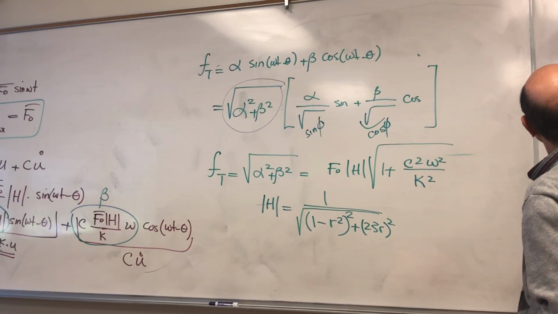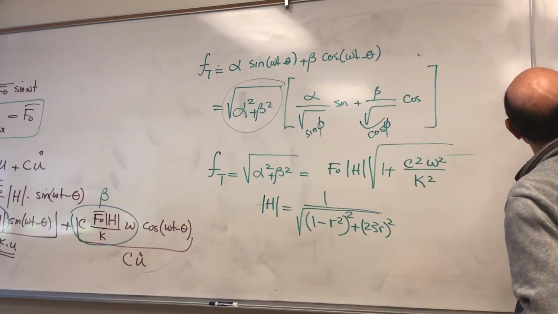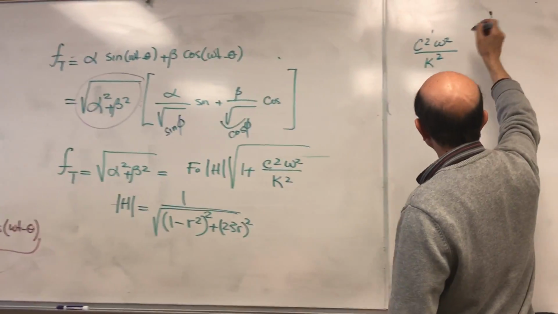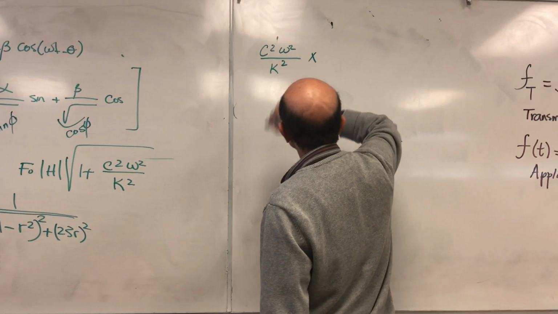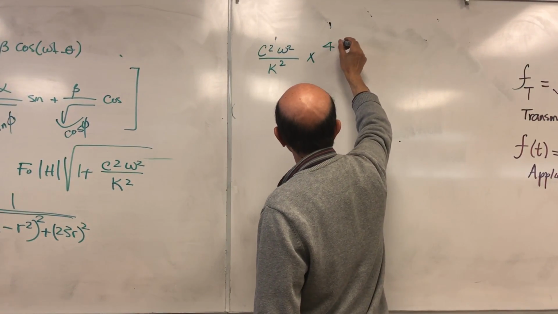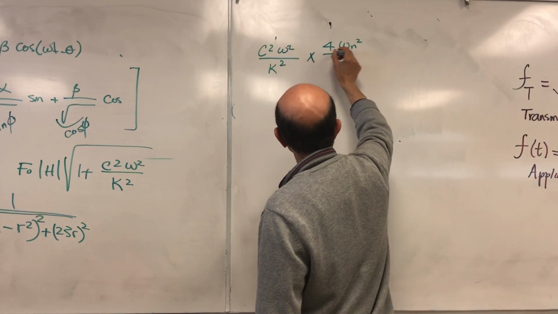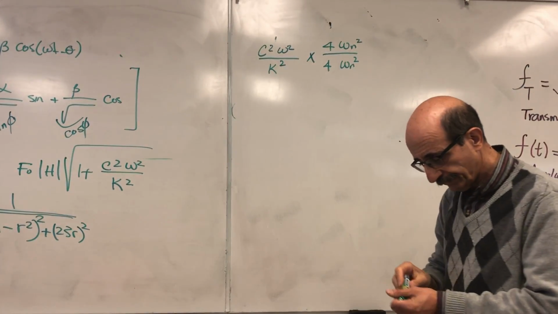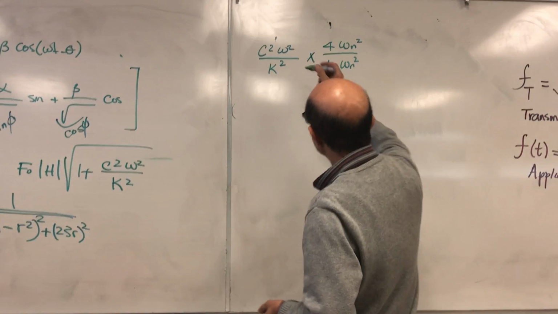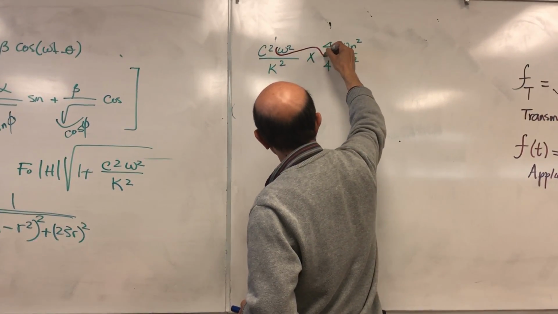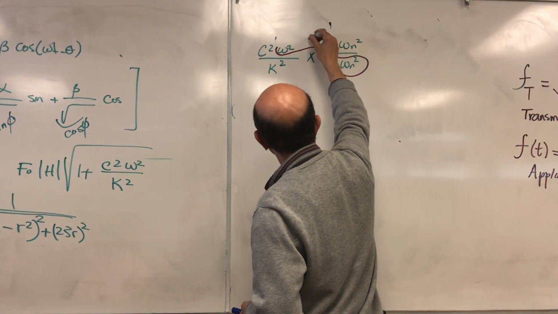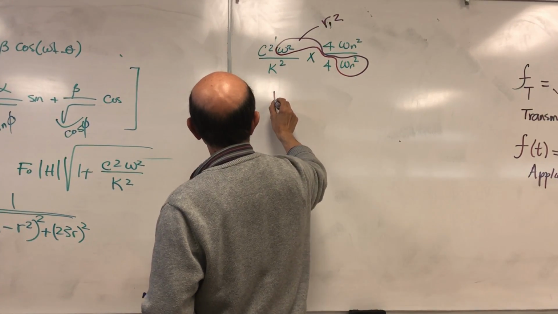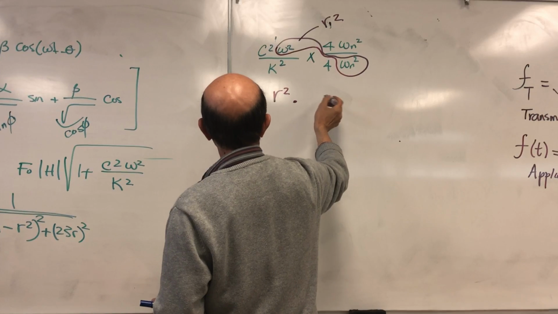But what is c squared omega squared over k squared? Like before, I'm going to multiply this by 4 omega n squared divided by 4 omega n squared. Again, look at this. This is r squared, right? Except r squared times what?